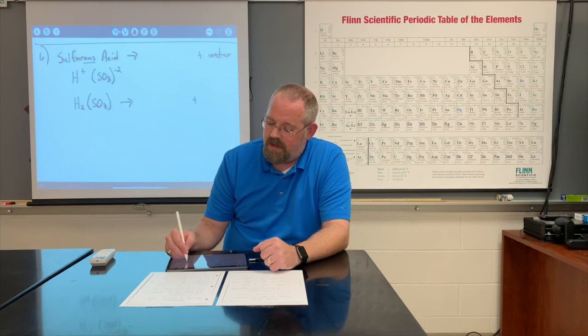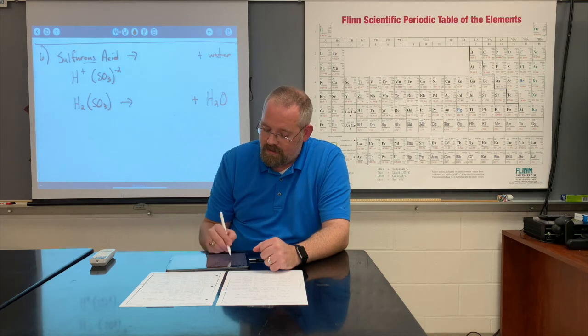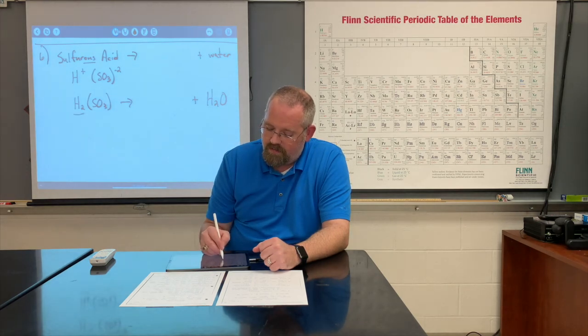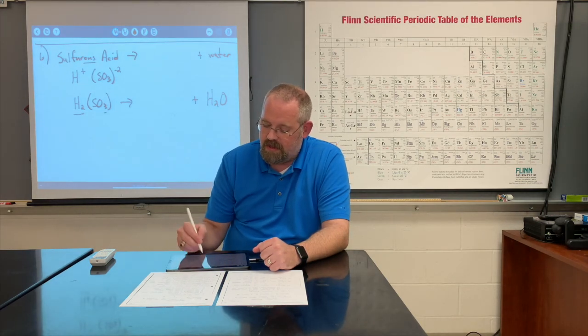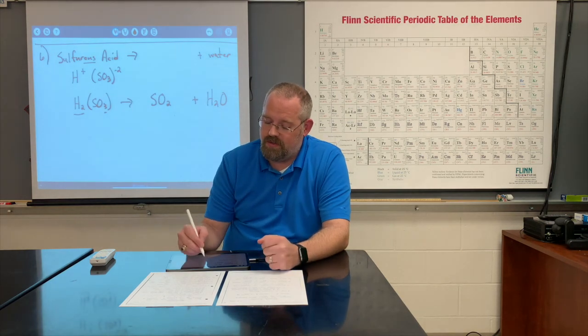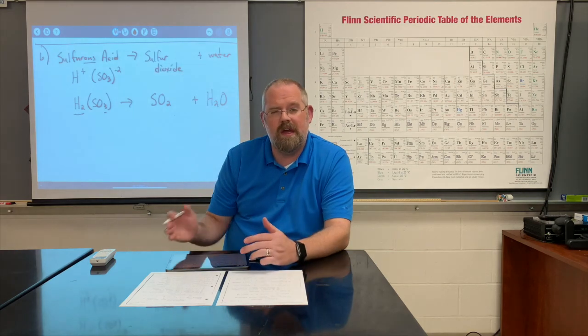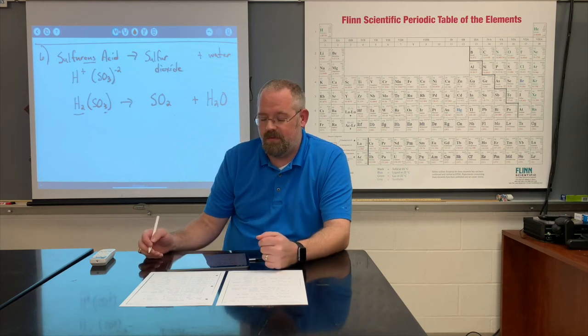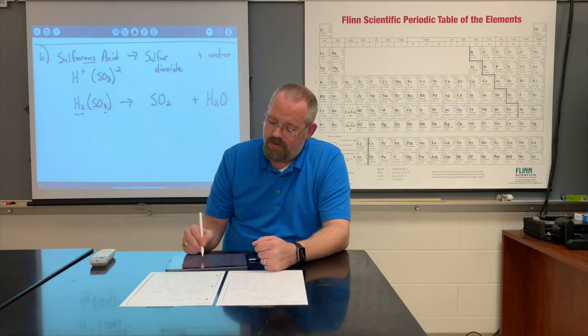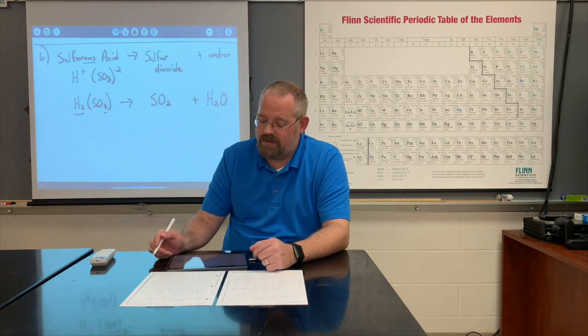And it makes a nonmetal oxide and water. So all you're going to do is take away the H2 and one of the O's here. And that leaves you with SO2. And SO2 is called sulfur dioxide. So if you work backwards, it's a little easier to figure out that formula. All you do is subtract the 2 hydrogens and an oxygen, and what you're left with is going to be that non-metal oxide.